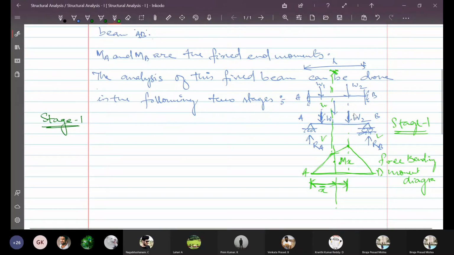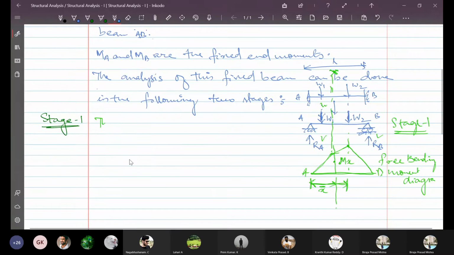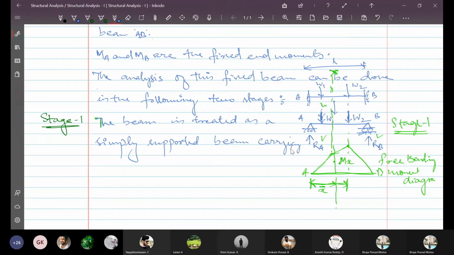So the explanation for this stage 1: the beam is treated as a simply supported beam carrying point loads W1 and W2.